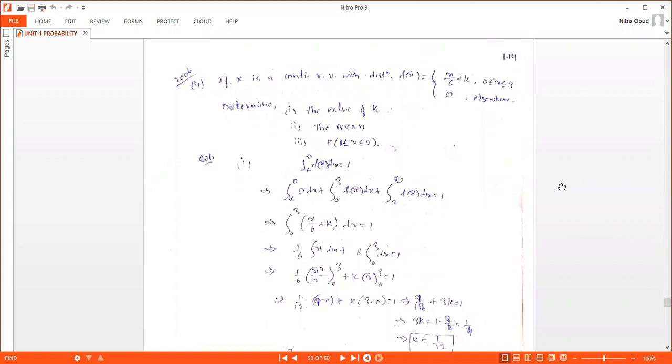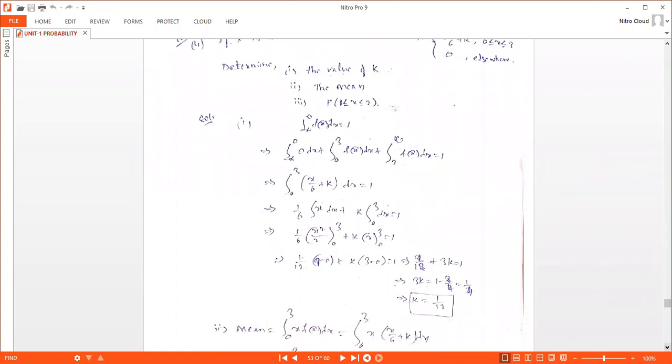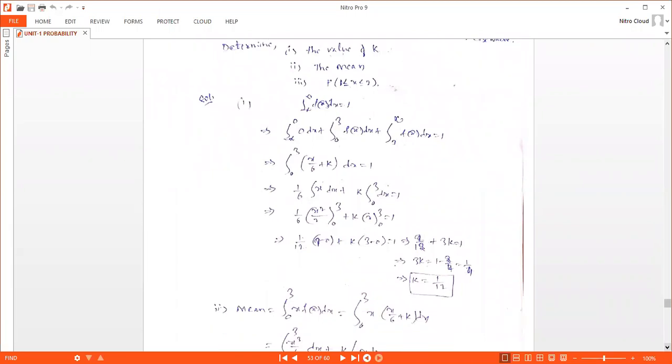So that can be written as the integral from 0 to 3 of (x by 6 plus k) dx equal to 1. On simplification, you can find the value of k as 1 by 12.